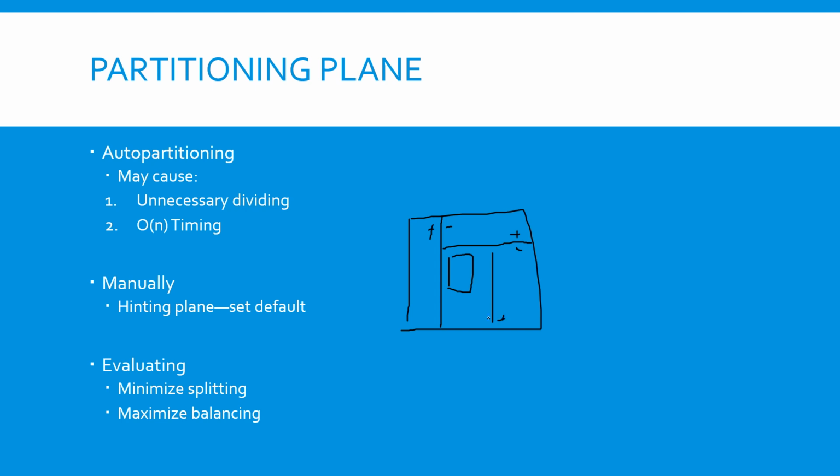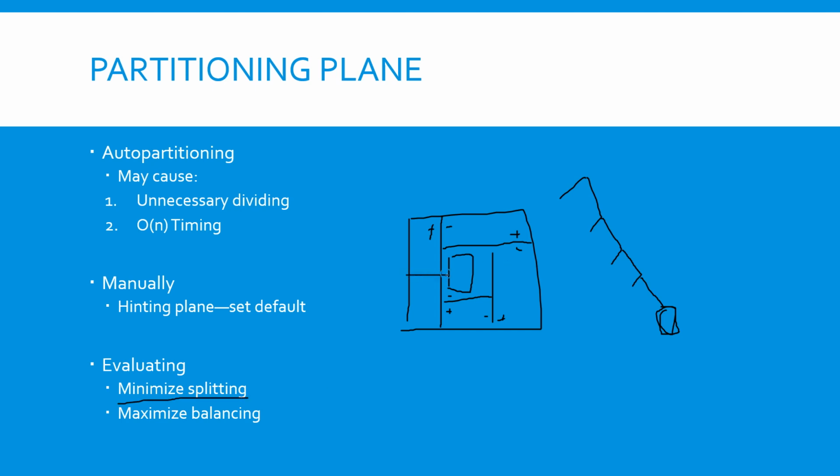This tree structure doesn't look quite well balanced and not well designed, because the tree structure looks like this, and the object is located here. So it takes a long time and it's not well balanced. So the most important thing is we have to minimize splitting.